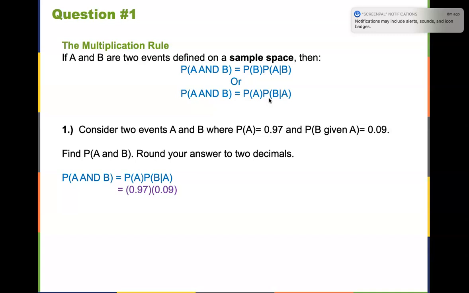So we replace the probability of A with 0.97 and the probability of B given A with 0.09, and when you multiply these two together, you get 0.0873, or approximately 0.09 for the sake of OpenMath.